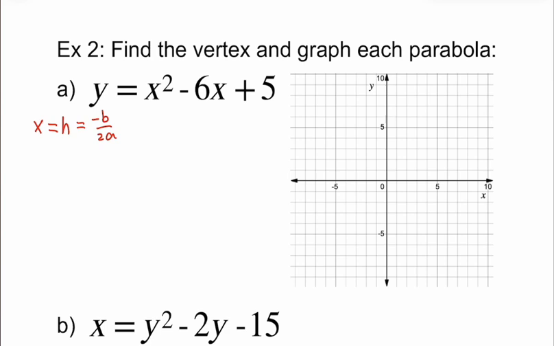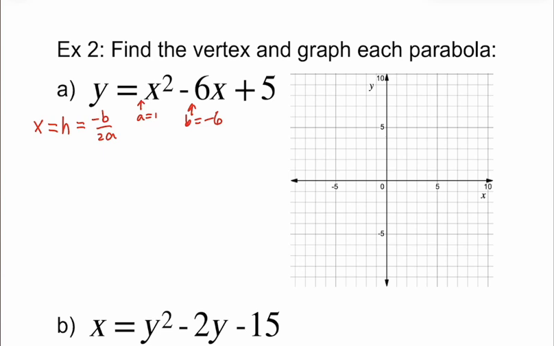Okay, so our a is 1, our b is negative 6. So let's plug those values into the formula for our vertex's x. So negative b over 2a. I always think of negative b as being the opposite of b.